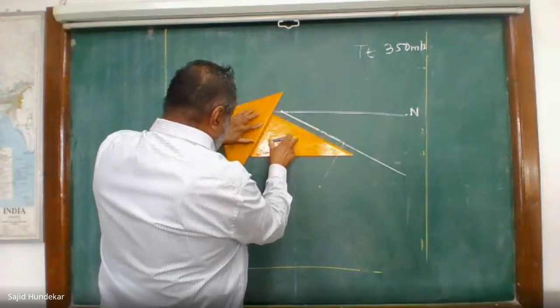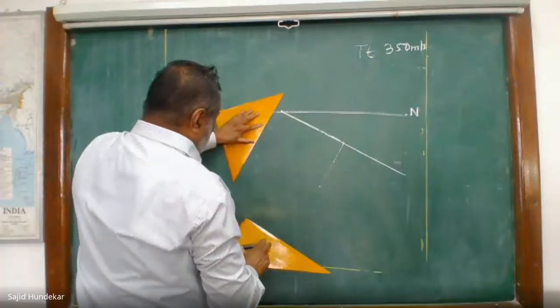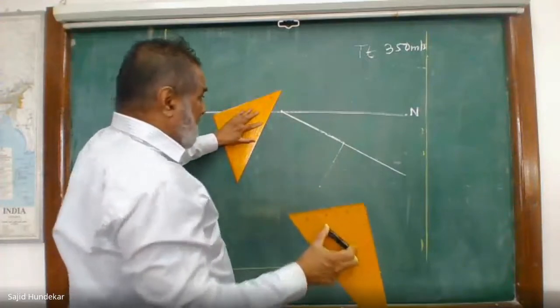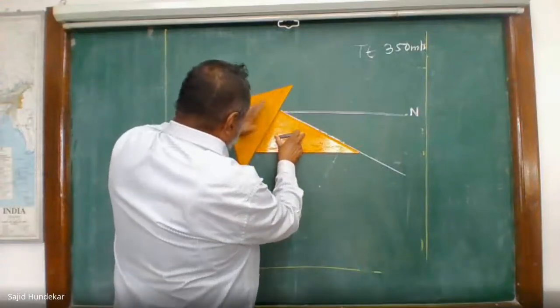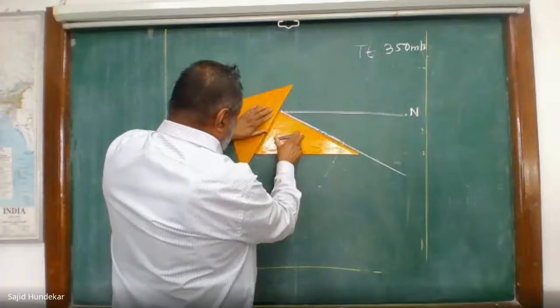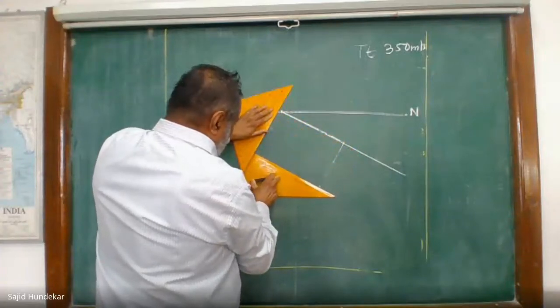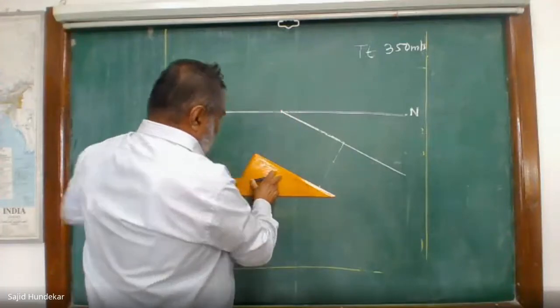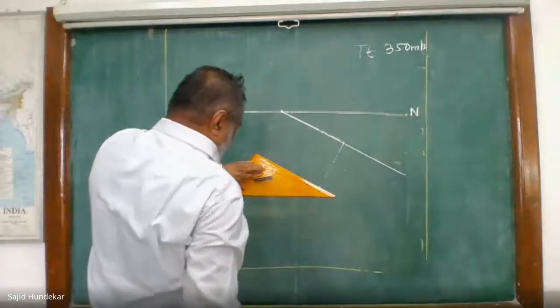Now shift it. While shifting, if you shake this one, you don't get a parallel line. So again come to this, fix it again, and with pressure keep it fixed and slowly bring it to the point. Now the point is here. Just take out this one and keep your fingers here.